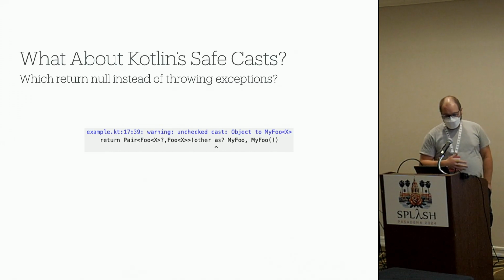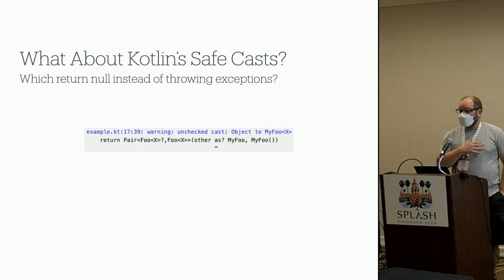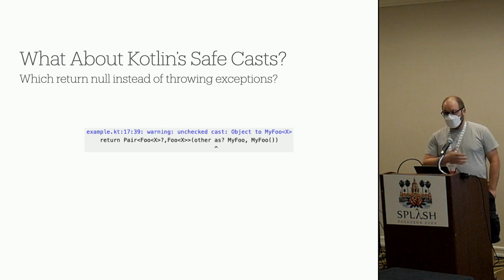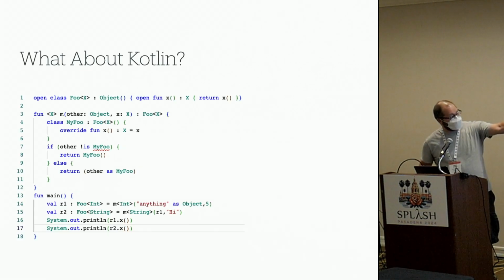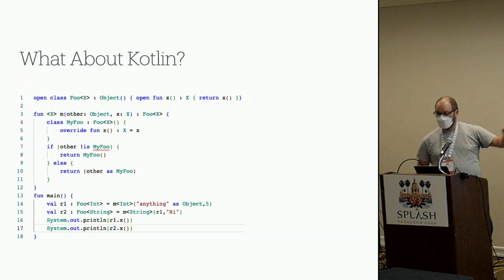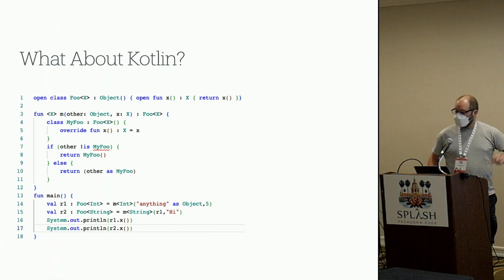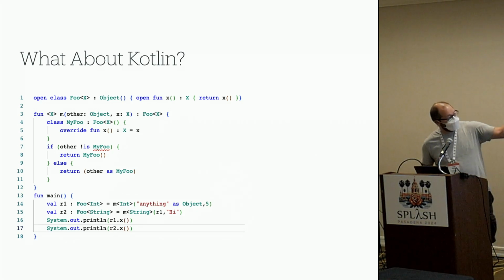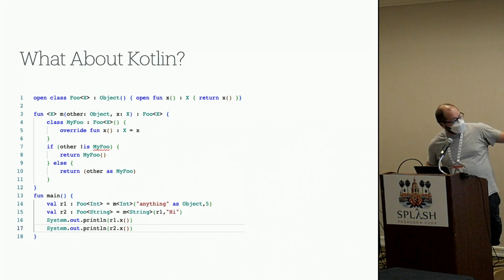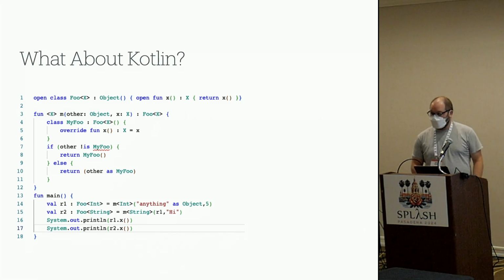And in that case, you no longer get an error, but you do get a warning that, hey, this cannot be checked. But again, there's still kind of this hole here with just the regular old possibly failing cast. If you're willing to catch exceptions, you could still trick things. So ideally, Kotlin has enough information here. It could issue an error for the cast as well.